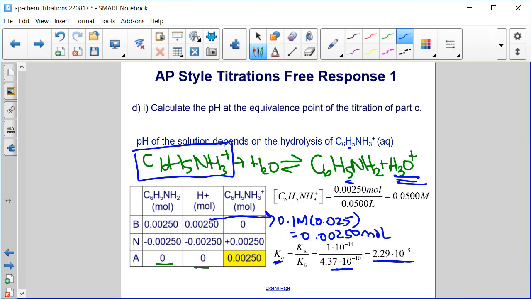So that's where that comes from. And then I divide by the total volume, that 50 milliliters, or 0.05 liters, to get a concentration of the C6H5NH3+ of 0.05 molar, based on this number of moles and the total volume.